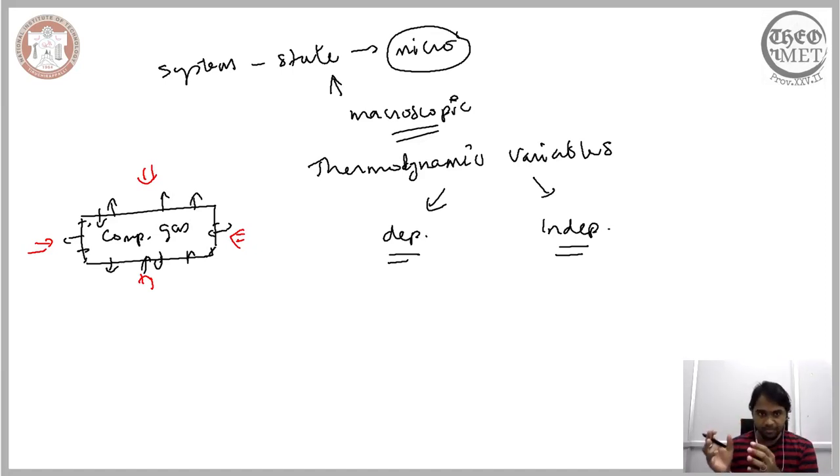Apart from that, heat is allowed to transfer, so the temperature can change, and work can be done on the system or by the system on the surroundings.